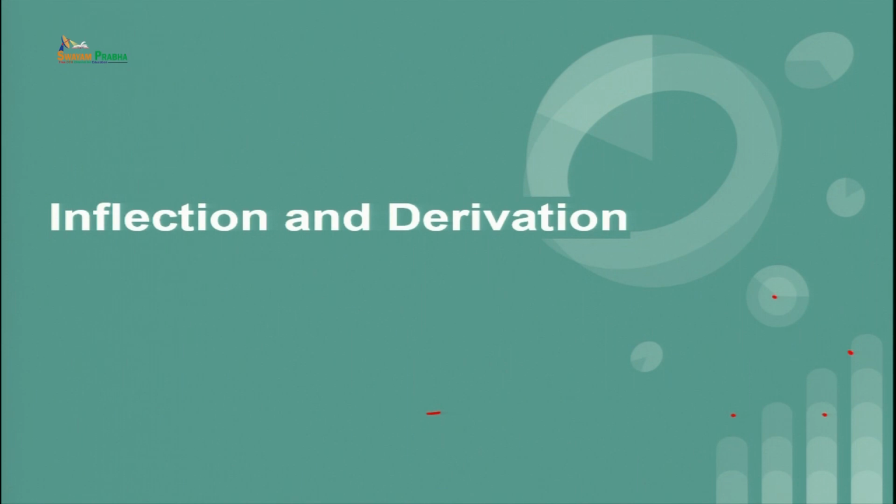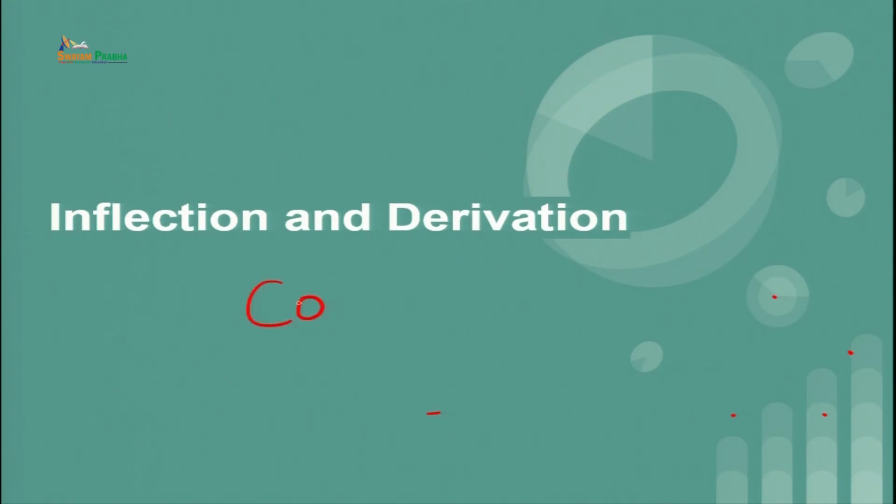Interestingly, if I give you a similar example to help you understand how inflection and derivation work together. So, I will use competing. Now, tell me, is competing a process of inflection or derivation? Now, think of this word and try to understand whether it is a process of inflection or derivation.